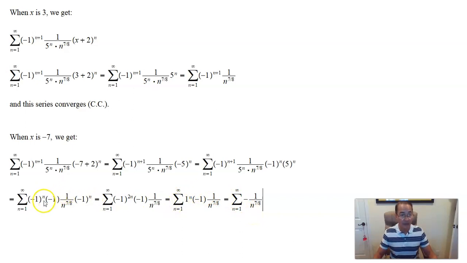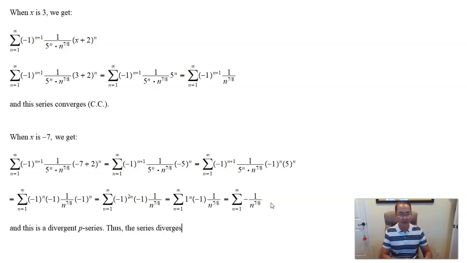The minus 1 to the n's, or n plus 1's, they annihilated each other out, and the only survivor is a single minus 1. All you do is reverse the sign. And this is a divergent p-series, or the negative of a p-series. Who cares? There's a minus sign. All right, so therefore, thus, the series diverges at x equals minus 7.